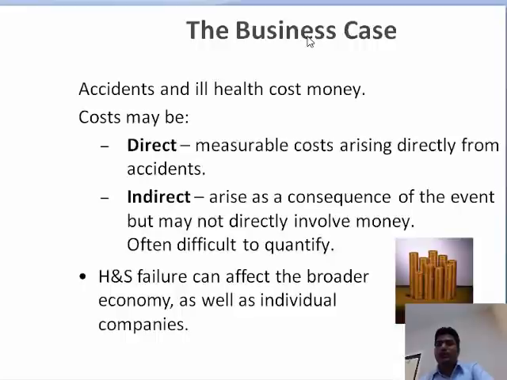The business case: if an accident happens, how much money is lost? Accidents and ill health cost money. This is the financial reason to maintain health and safety at the workplace. If an accident happens, it costs money in two forms: direct cost and indirect cost.